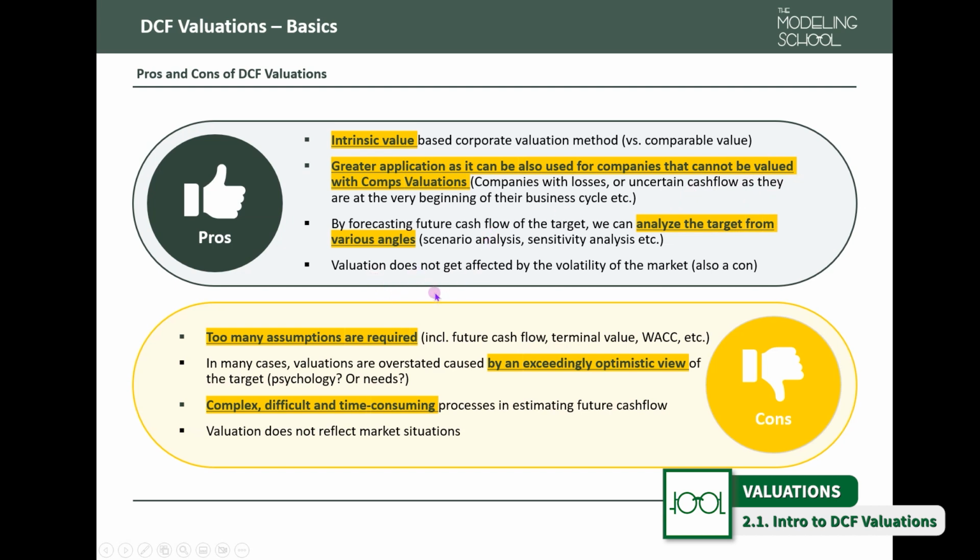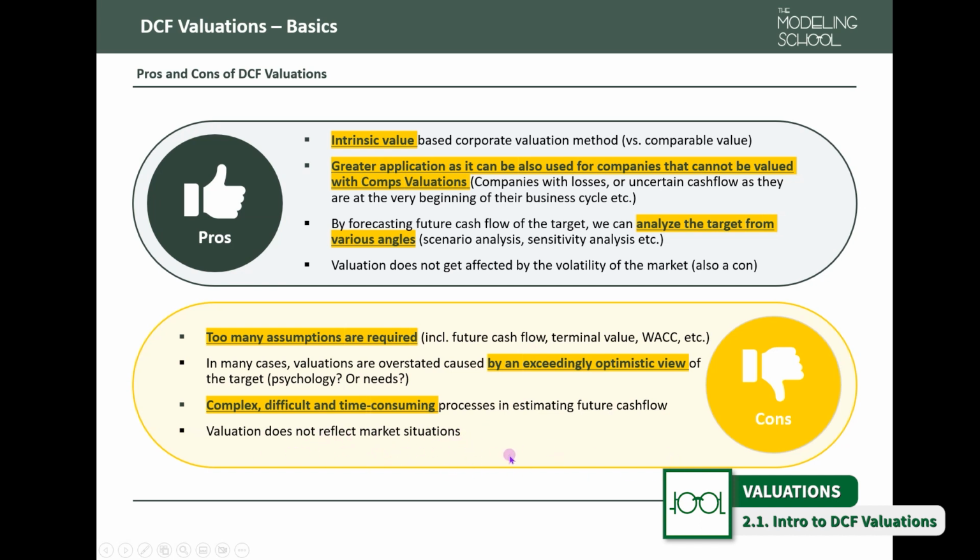Lastly, it is not affected by the volatility of the market. So this is a pro and a con at the same time. Because it is not affected by volatility, it means that it truly values the true value of the company. However, on the other hand, a con is that it does not reflect market situations.